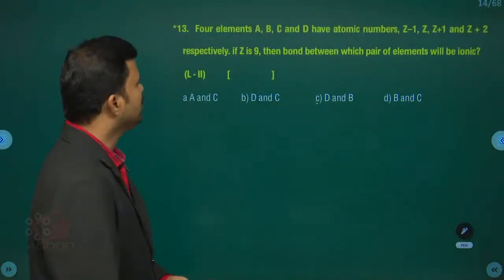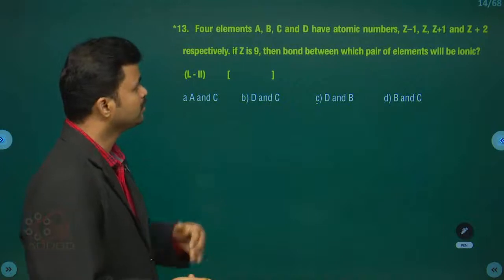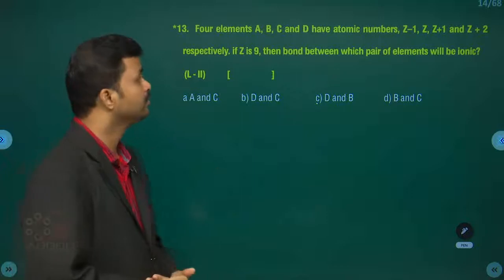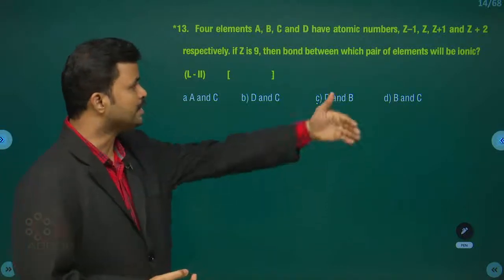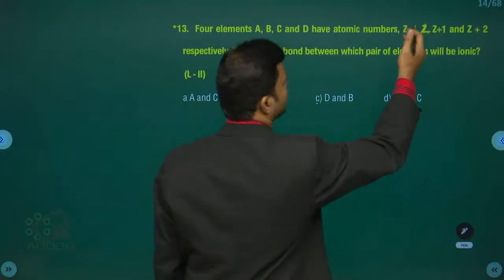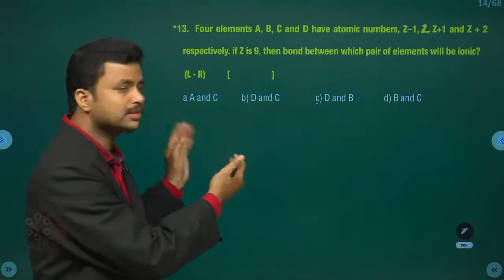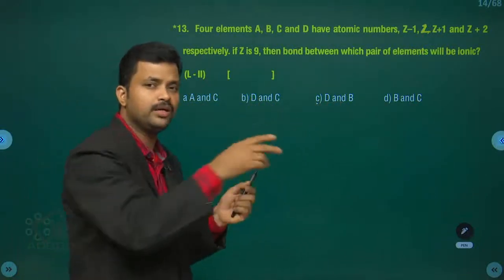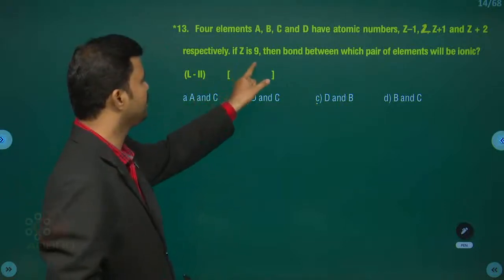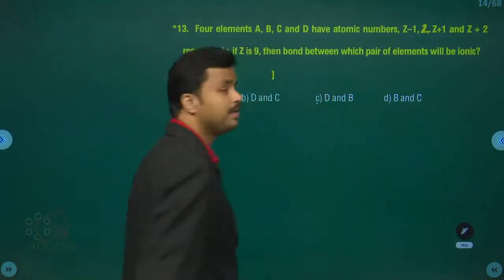4 elements A, B, C and D have atomic numbers Z minus 1, Z, Z plus 1 and Z plus 2. They are in a sequence, the atomic number increasing. Z is the reference: the left element is 1 unit less, the right will be 1 unit more. If Z is atomic number 9, then the bond between which pair of elements will be ionic?